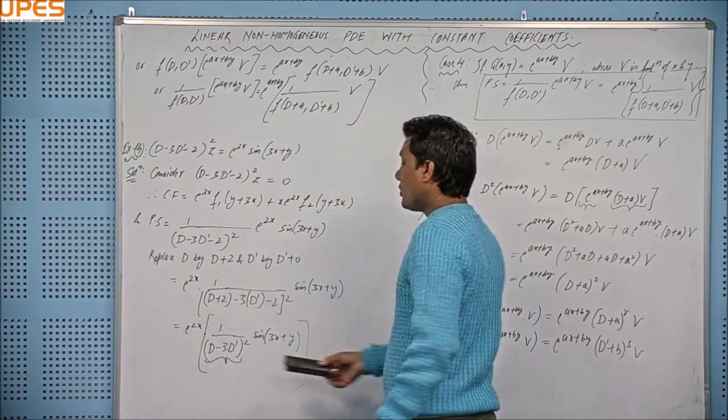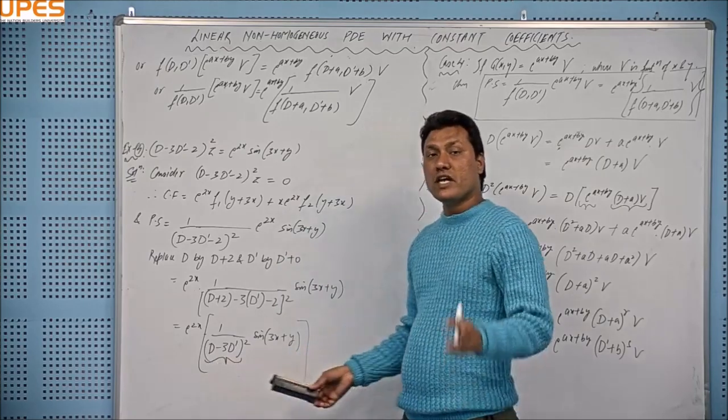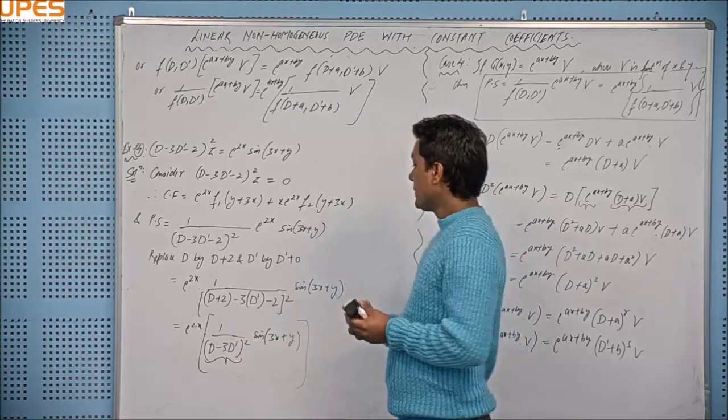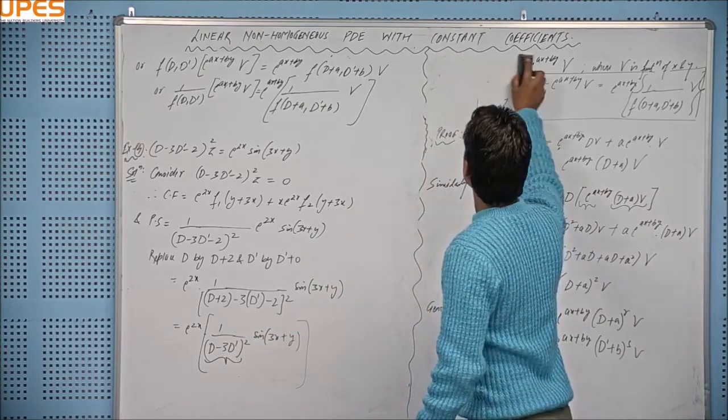Where we got 0 in the denominator, we have one formula that x to the power n appears here. I will apply that formula from homogeneous theory.